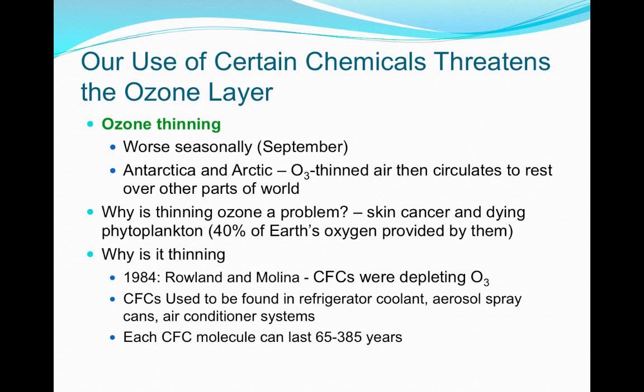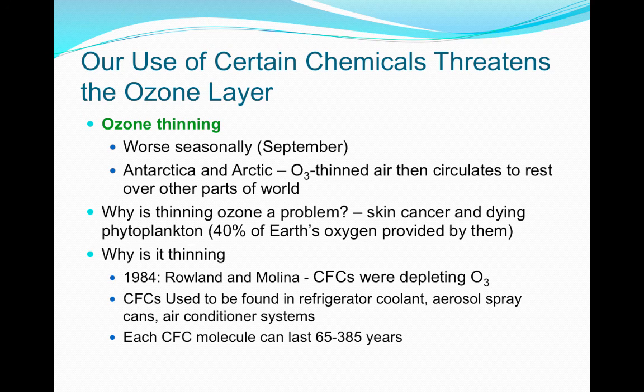What class of chemicals is largely responsible for the depletion of stratospheric ozone? They're called CFCs, chlorofluorocarbons. It is a carbon in the middle, and then fluorines and chlorines coming off in a tetrahedral pattern. So you've got 4 total. Nobody could figure out why the ozone layer was thinning until 1984 when Rowland and Molina figured this out.